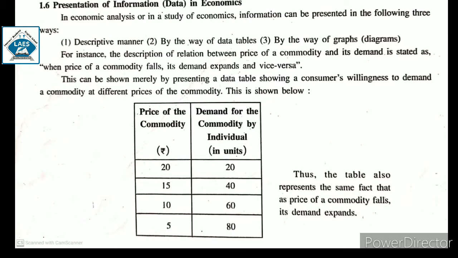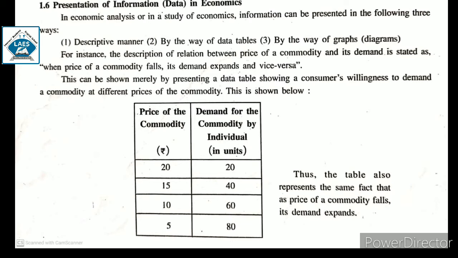So in the diagram, we have the diagram over here. This shows the price of the commodity and demand for the commodity by the individual. The consumer is willing to demand a commodity at a different price of the commodity. In the table, first column represents price of the commodity.